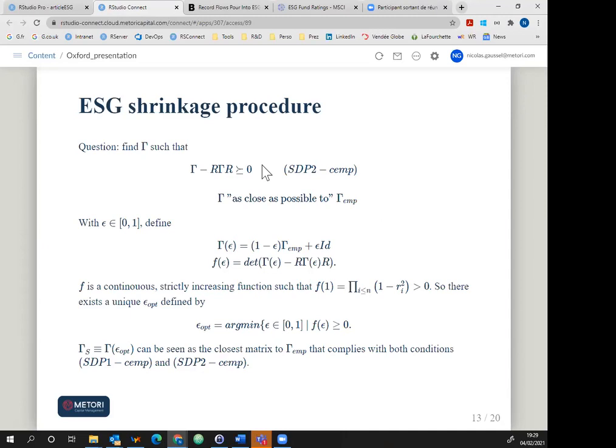Since we know that the identity works in the case where all assets are independent, the natural idea would be to propose a shrinkage procedure, meaning that you would take a little bit of the empirical correlation matrix plus a little bit of the identity, and you would see whether the determinant of that is positive. So this is a correlation matrix, for sure. I mean, at least it's symmetrical.